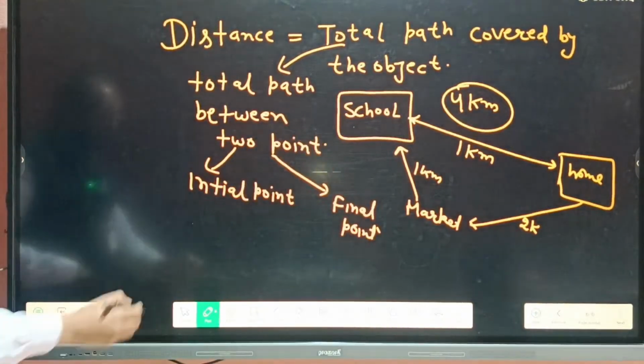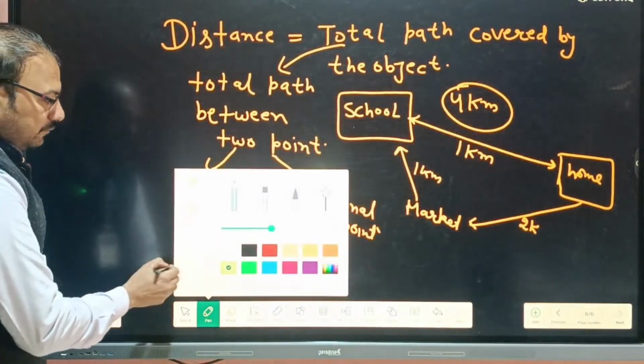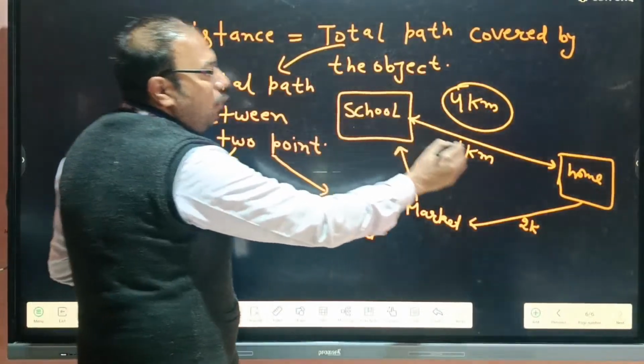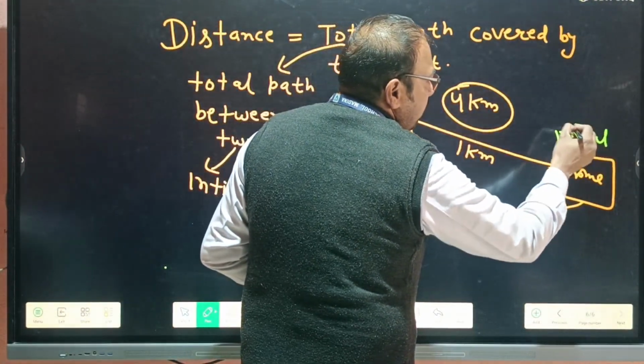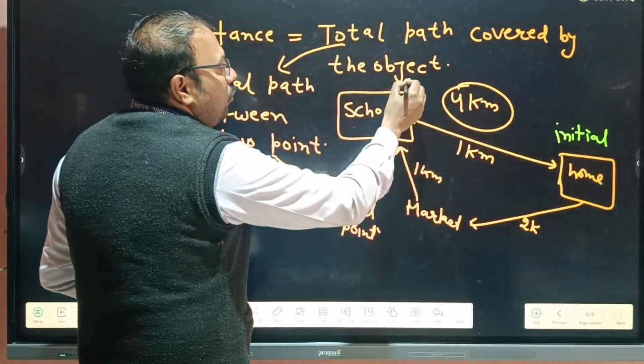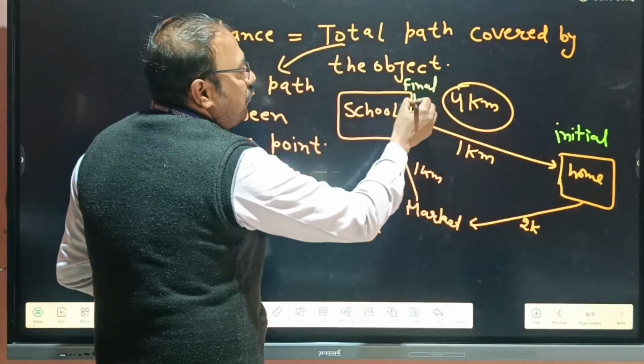So for example, if we consider home as the initial point, then the final point is school.